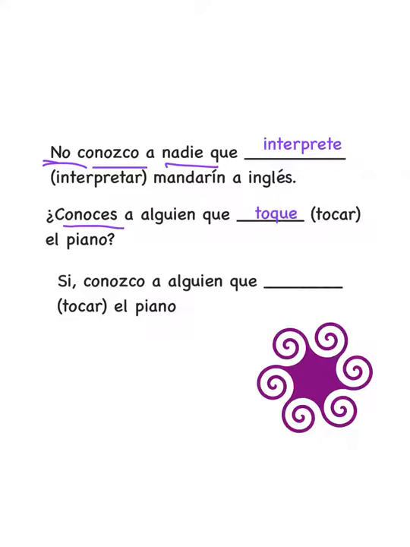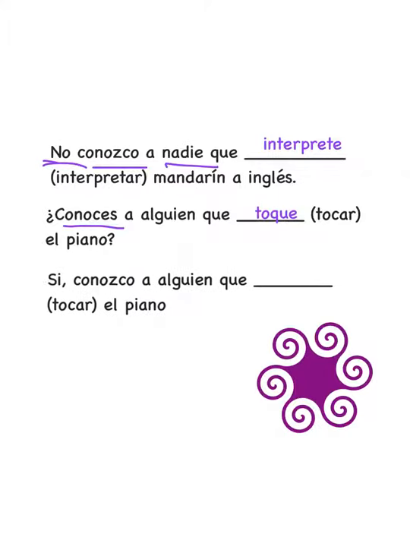Okay. What about the third sentence? Sí, conozco a alguien que toca el piano. Yes, I know someone who plays the piano. I mean, is there any word there that may tell me that, oh, you have to use a subjunctive? Well, yeah, we have conozco, okay?